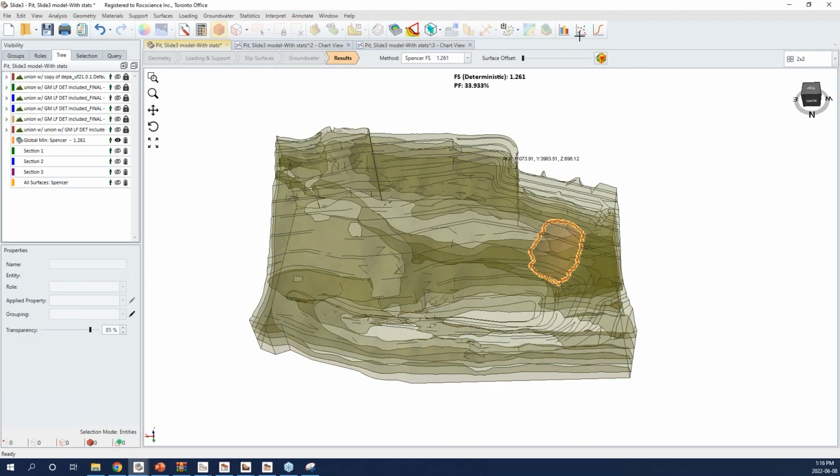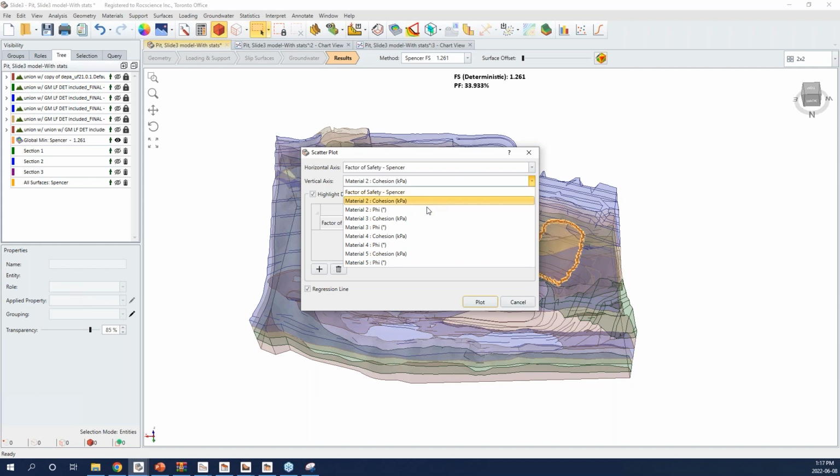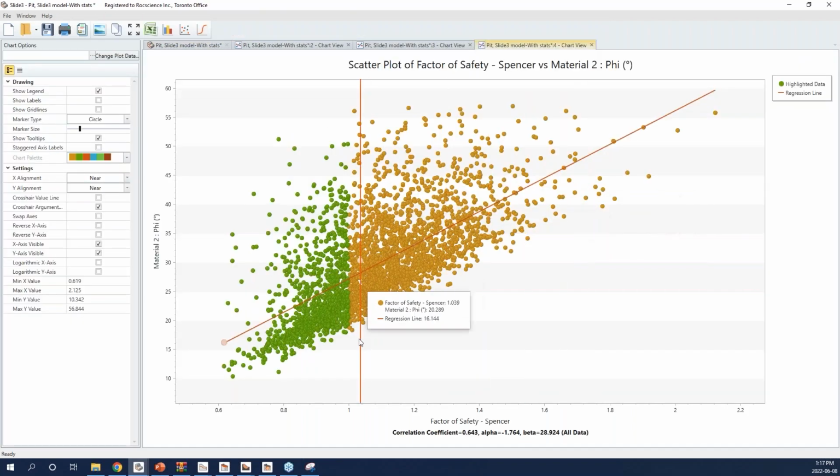Now, if we do the same thing and plot factor of safety versus friction angle of material 2, you can see this scatter plot and the correlation coefficient of 0.64. It's very interesting because you always want to know in your design which parameter is more effective on the factor of safety.